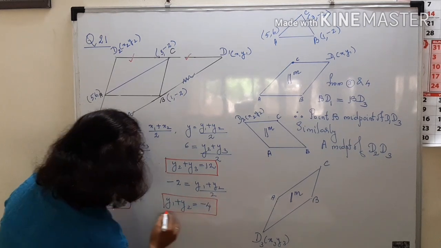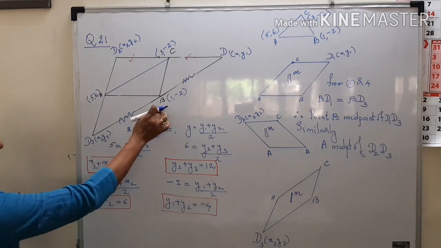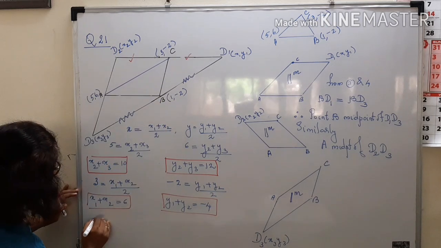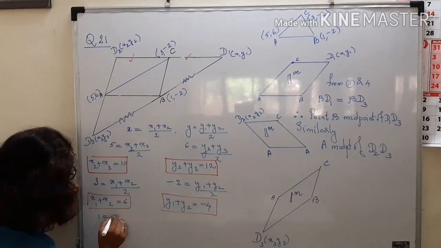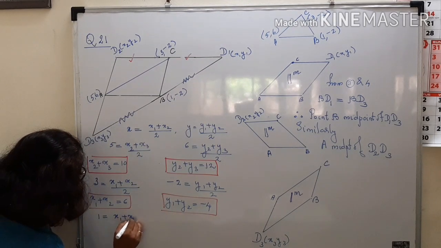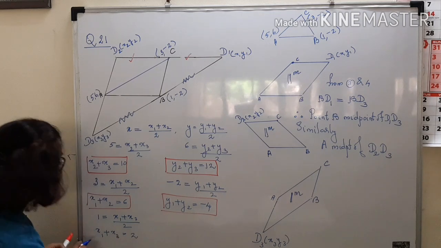Now we will come to point B as the midpoint, and we get 1 is equal to x1 plus x3 divided by 2. Therefore, x1 plus x3 is 2.